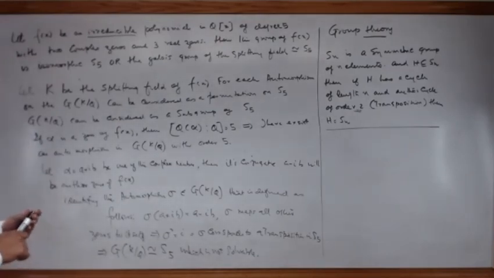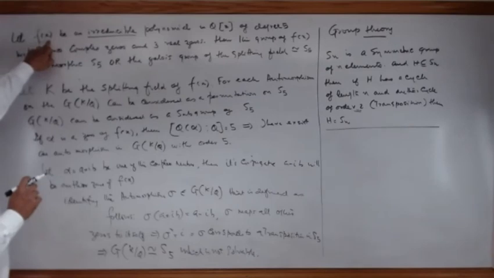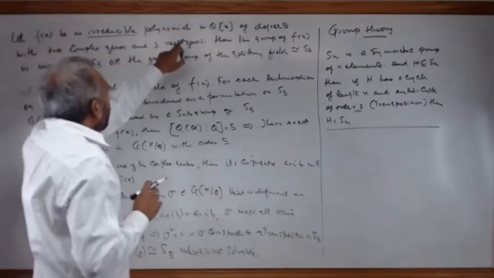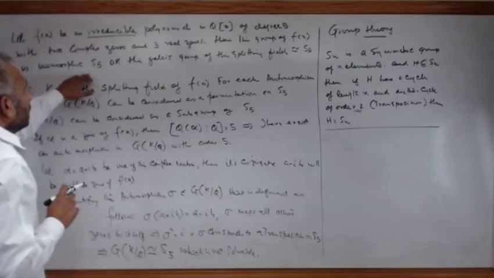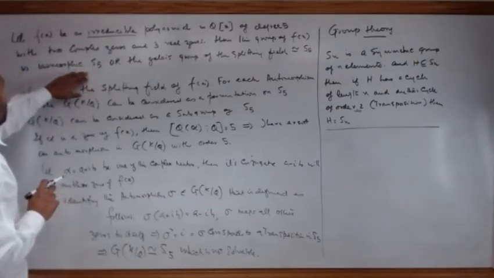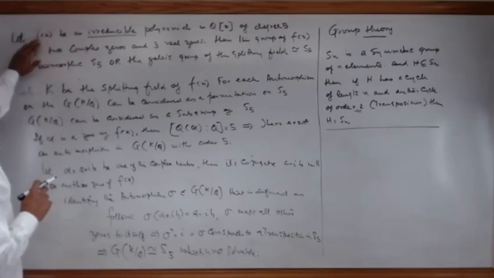So we have identified a polynomial of degree 5 in Q[x] which cannot be resolved radically, or the splitting field of that polynomial is not solvable.